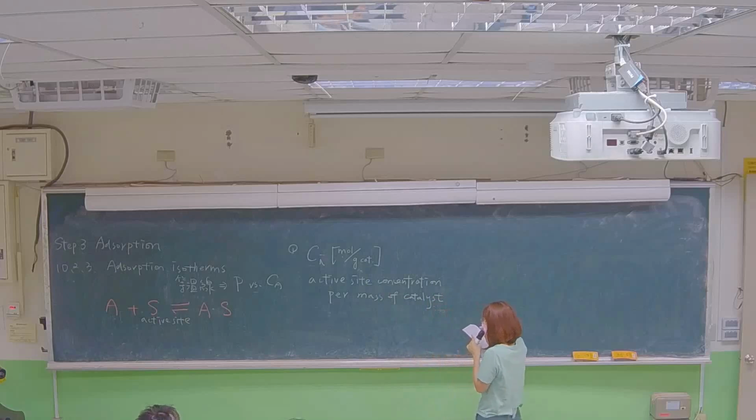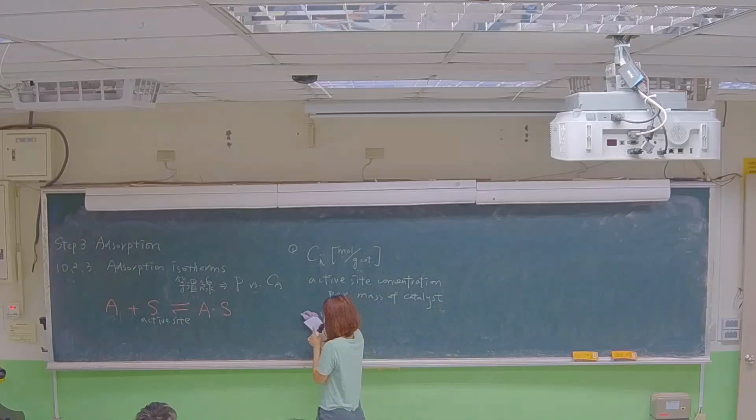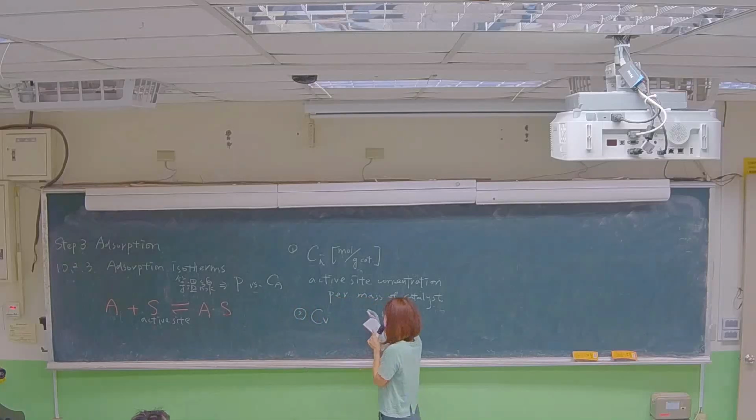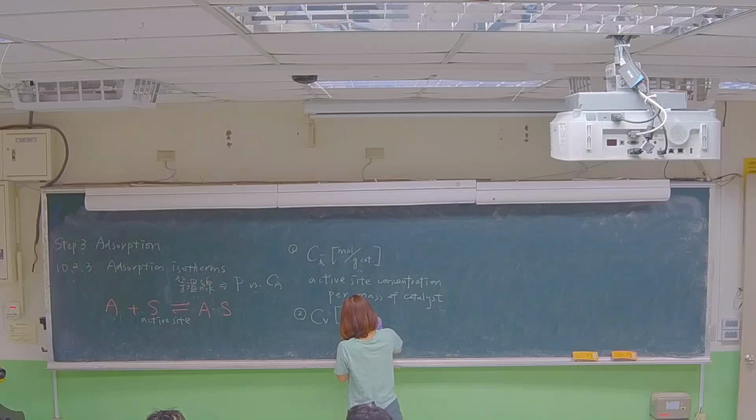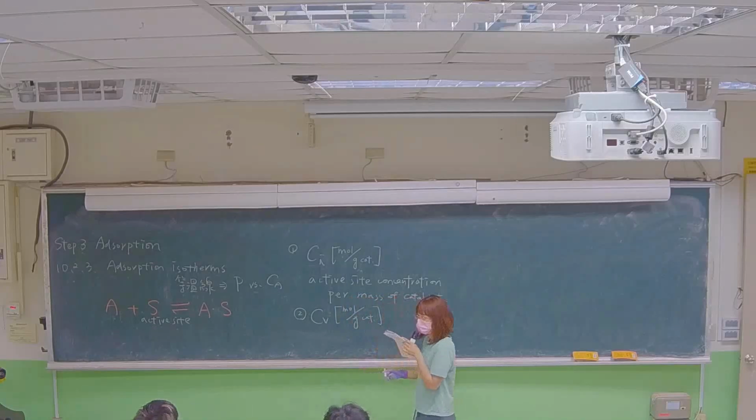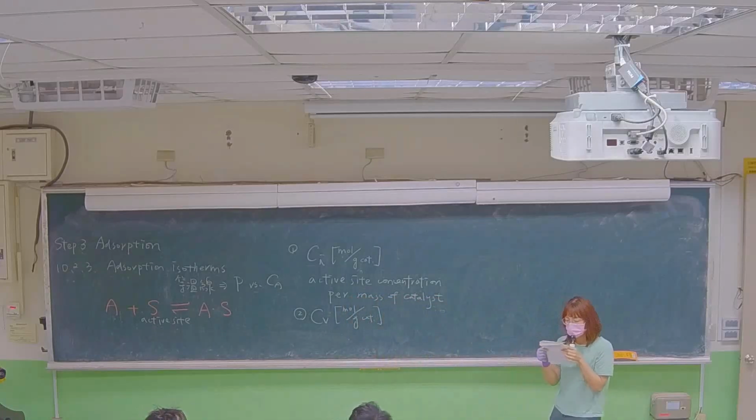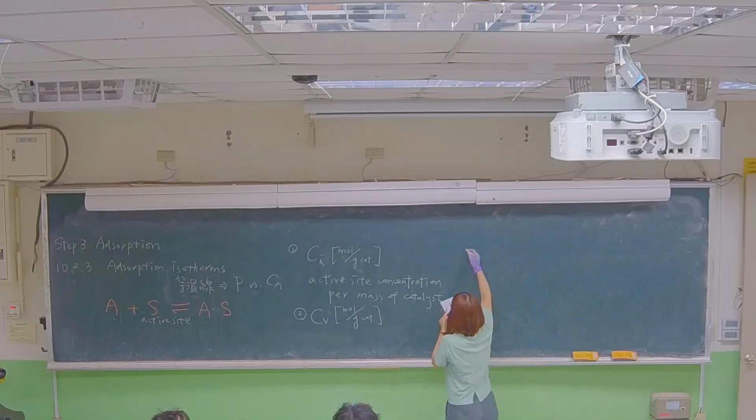Okay, so second one, CV. What is CV? Again, you put a unit here. Mole per gram catalyst. CV, the second one. Okay, so what is CV? CV is the vacant.